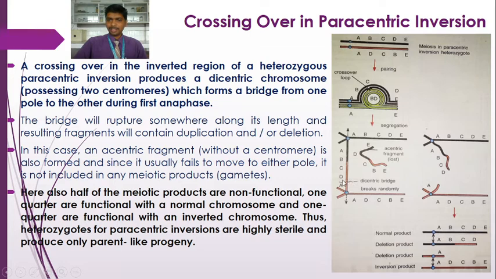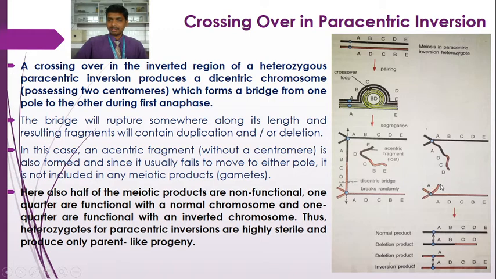So if we say the bridge has broken randomly here, we get four types of product. Here A, B, C, D, E, A, B, C, D, it is a normal chromosome. This A, B, C, D, one gene is missing, that is the E, it is a deletion product.